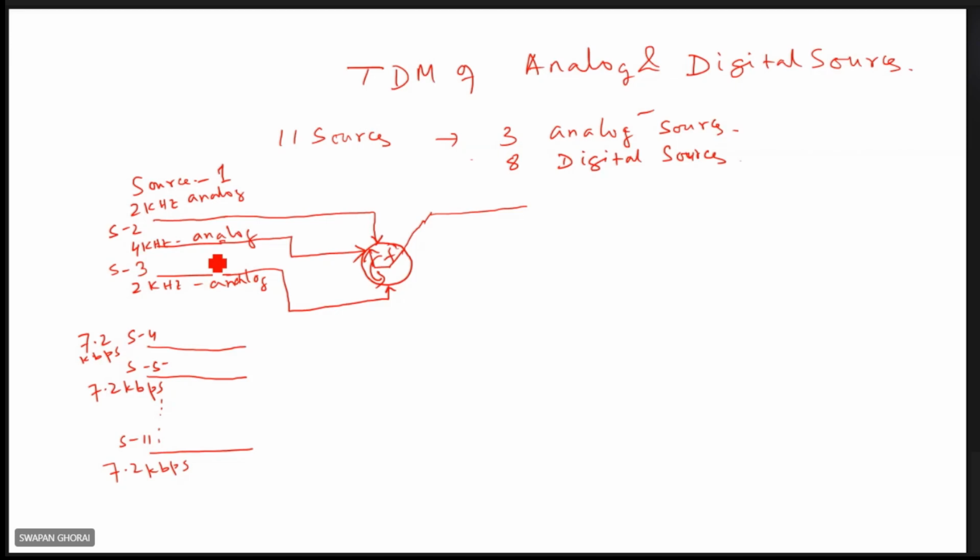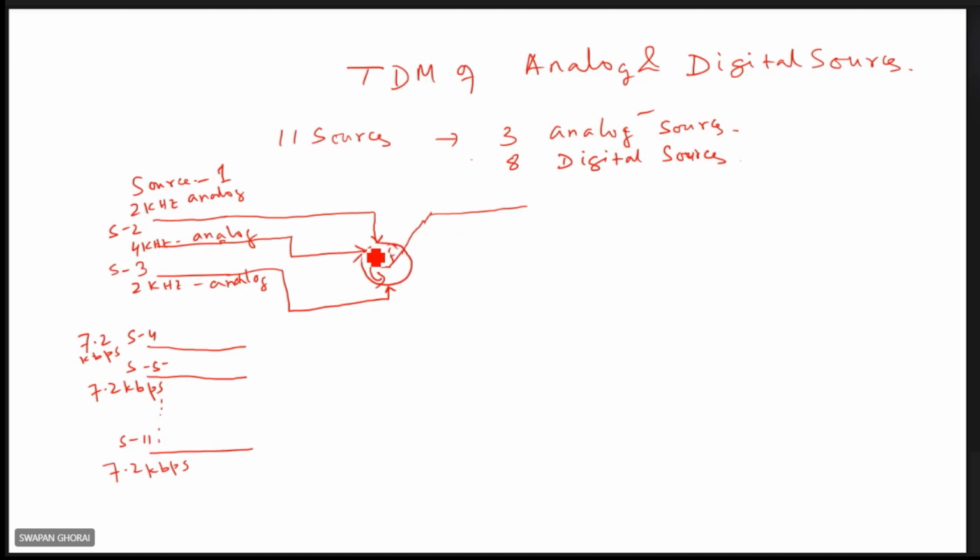Again, you have to use some bits, 4 bit, it can be 8 bit, like these. So these pulse samples after sampling should be digitized or quantized. Say the 3 sources are multiplexed as a unit, then see how it can be done.